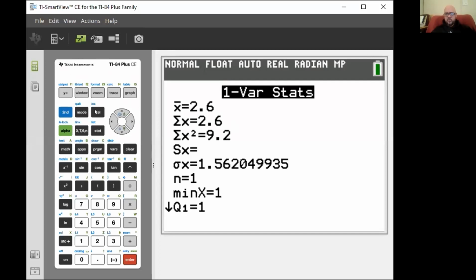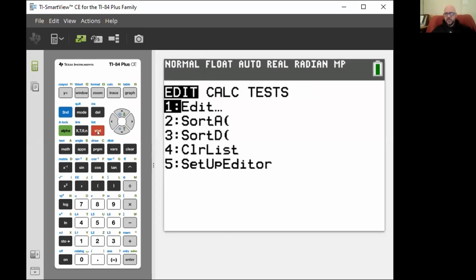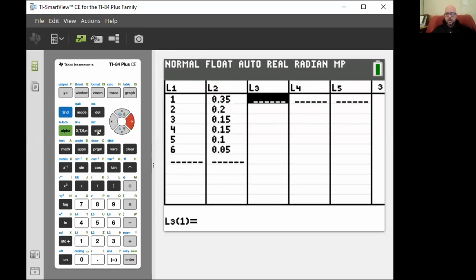I'm going to make a list of the outcomes. So the outcomes were 130 or -20, and the probabilities of those were 4 out of 100, so 0.04, or 96 out of 100, like that.